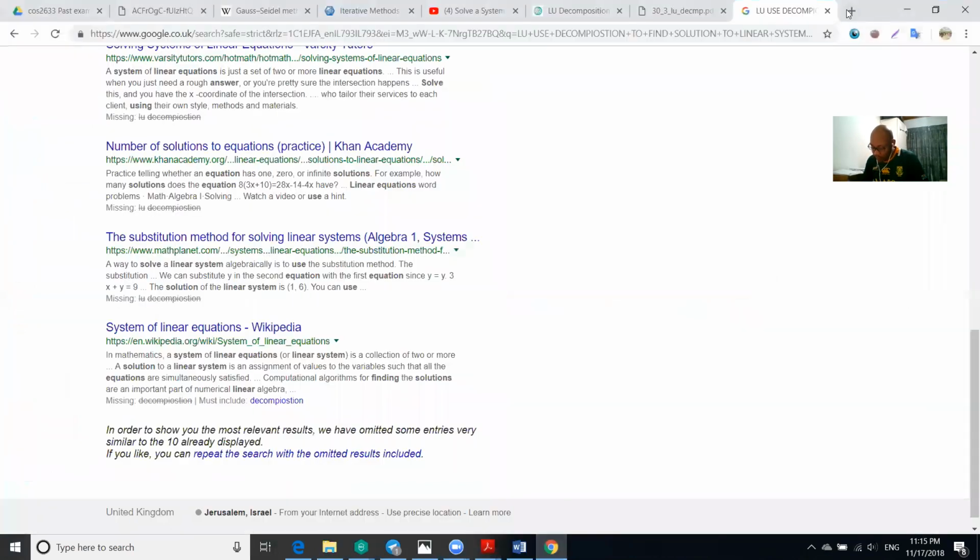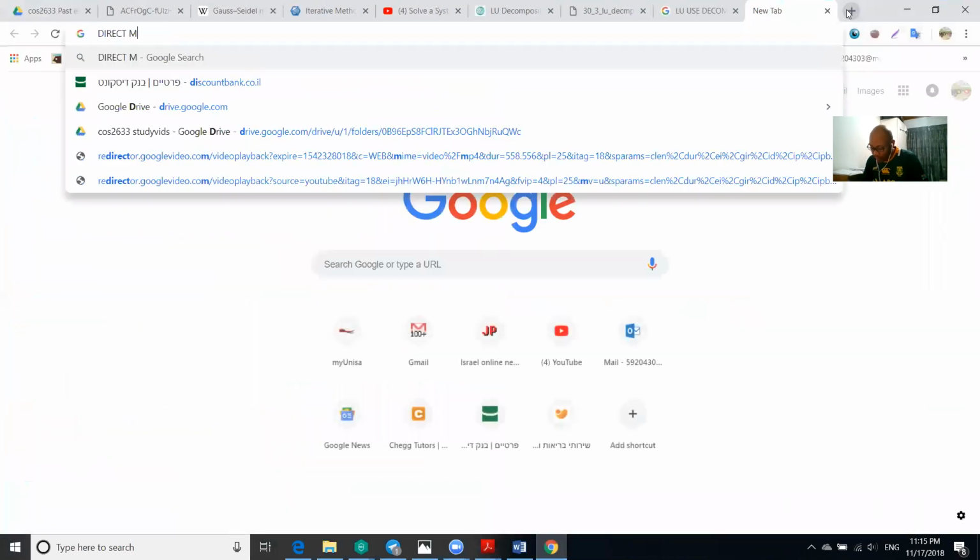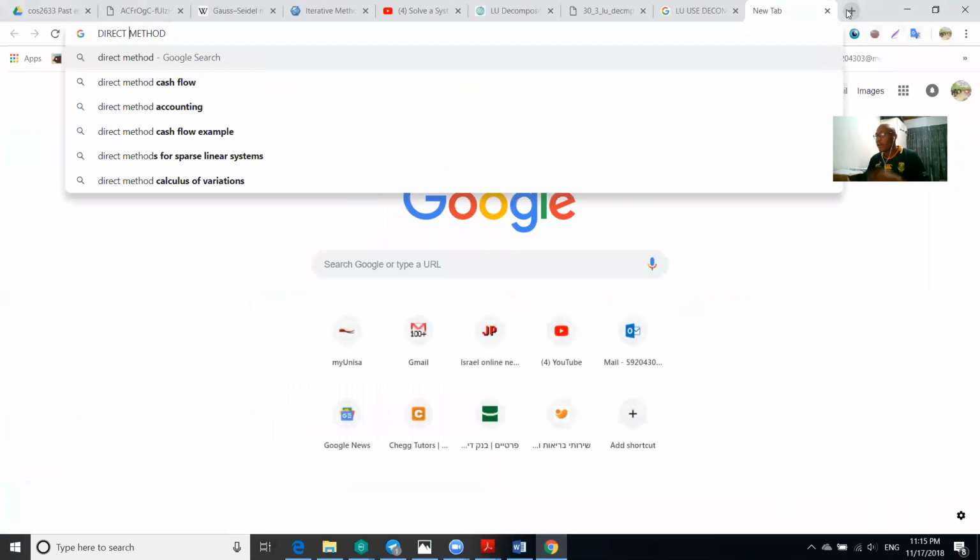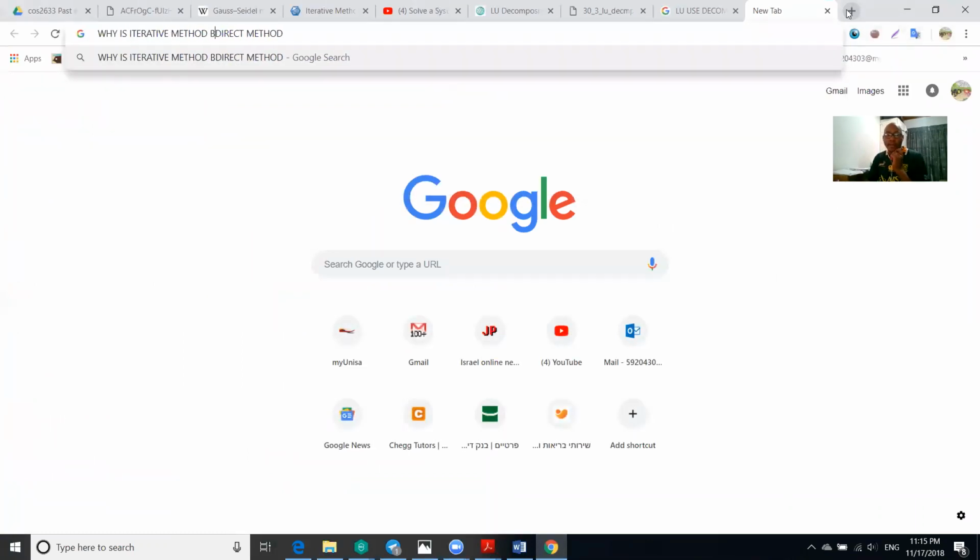Why is the iterative method better than the direct method?